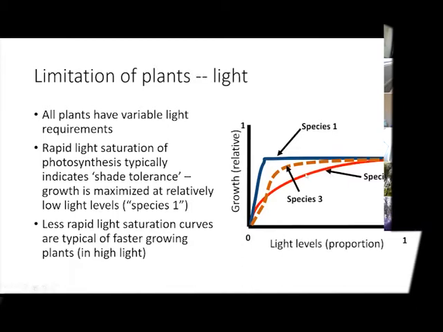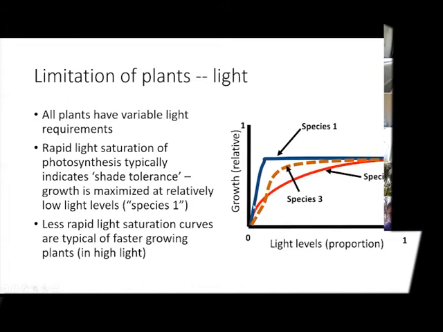This happens relatively quickly. If you look at the light levels, this species is maxing out really fast. And the thing I want to highlight is that at this light level, this species is growing faster than the other two represented in this cartoon.